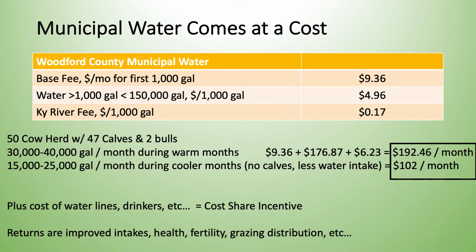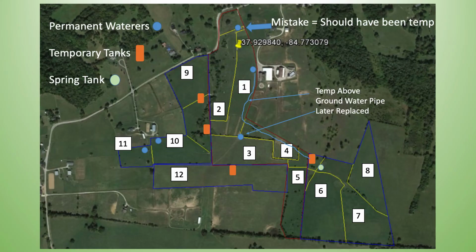And so just looking at the cost of a 50 cow herd with calves and their bulls, that's real money, right? That's real money that we're spending to provide water from a municipal water source. That's in addition to the cost of water lines and drinkers and things like that. So recognize that of course, water is not necessarily free, and so those things come at a cost.